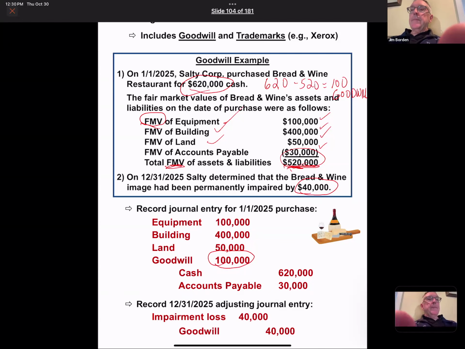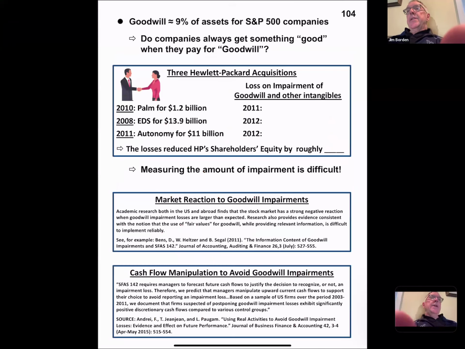Okay, all right. Let's look a little bit more at goodwill. Goodwill is fairly significant on many companies' balance sheets, roughly 9% of total assets represented by goodwill. The question is, are they always getting something good? Let's look at the sad case of Hewlett Packard, HP here, and some questionable acquisitions they've made over the years.